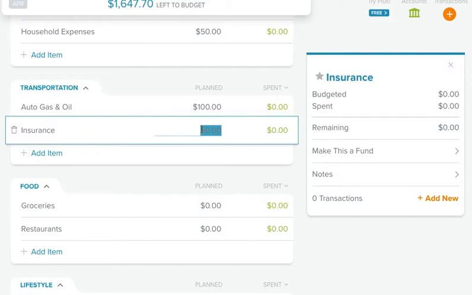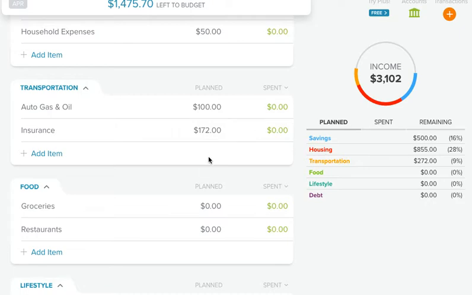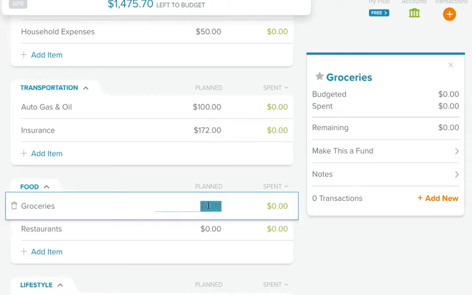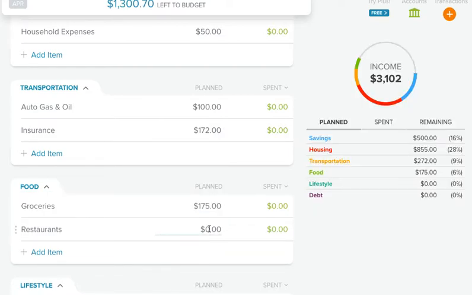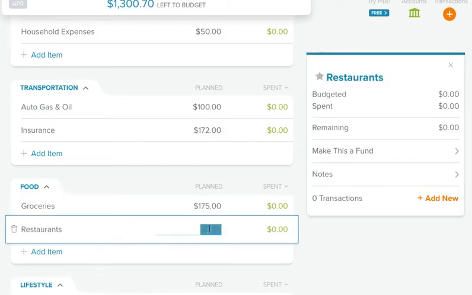Insurance, 172. Groceries, I'm going to say 175. I do set aside 200 for dining out.